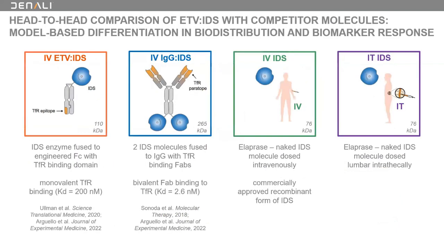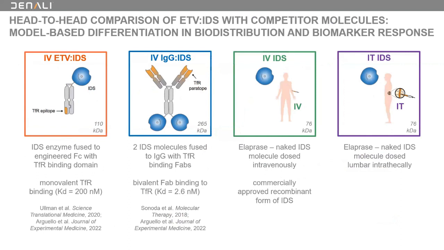Now, as I had mentioned, there are other molecules that are in development, and I'll briefly go through these in this slide. The first one is the ETV-IDS that I just described, and indicated there in that orange color is the TFR binding epitope, which helps cross the blood-brain barrier and deliver IDS enzyme to the CNS.